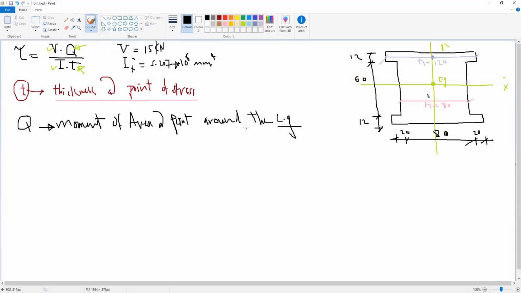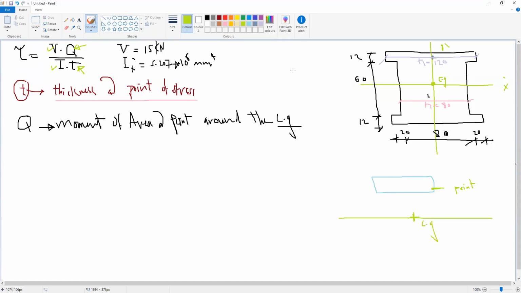What does this mean? If this is the area, our cut or our section where we need to calculate the stress, this is the point of stress, and this is the centroid of the whole section, CG.